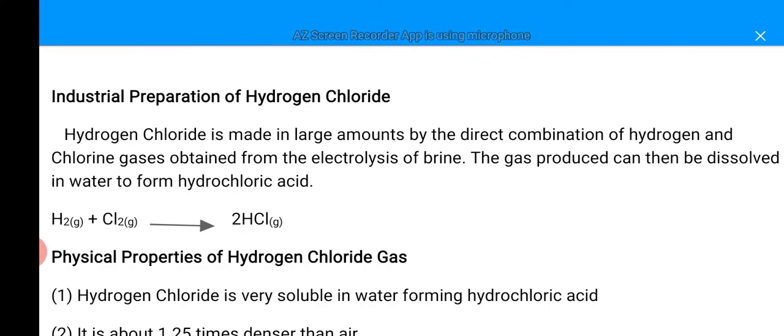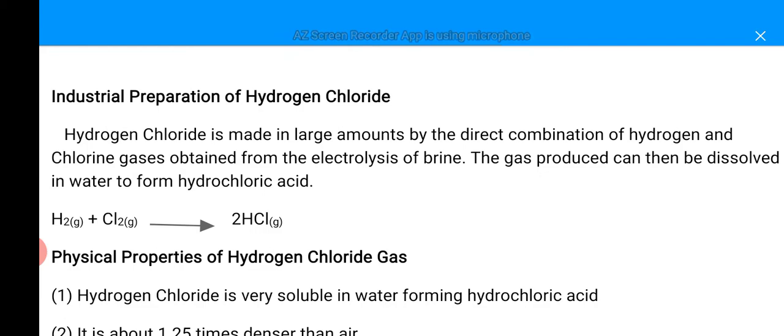The hydrogen and the chlorine gases that have already been formed from the electrolysis of brine. We know that we can prepare hydrogen by the process of electrolysis. When we talk about industrial preparation, we can also prepare chlorine from electrolysis.